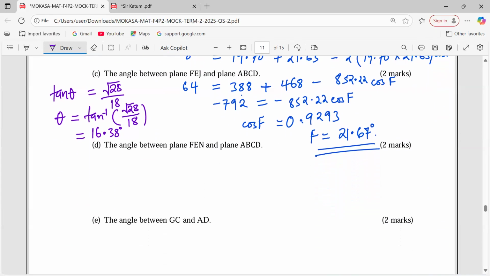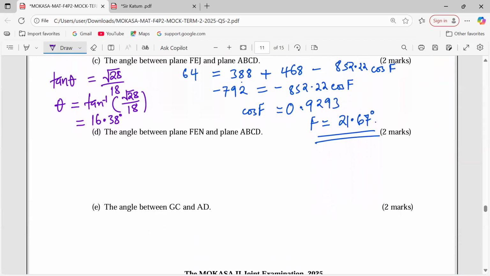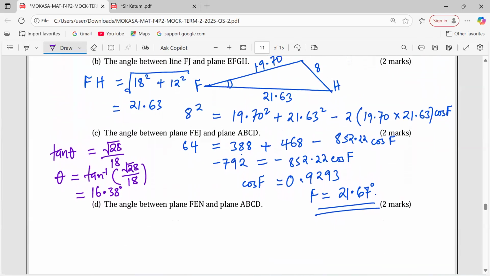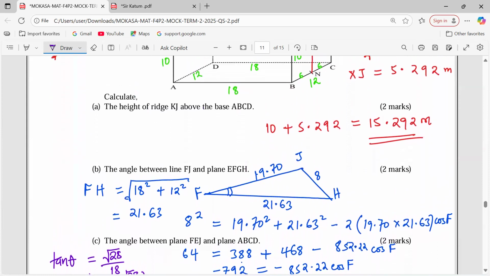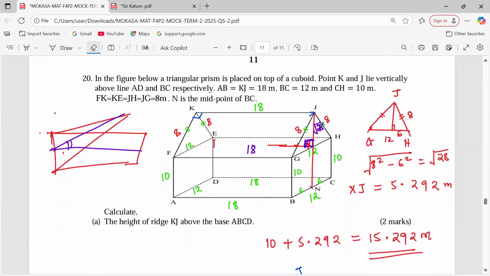Then we can proceed to part D of this question. Part D says find the angle between the plane FEN and the base. Let me first identify FEN so that I may see it well.